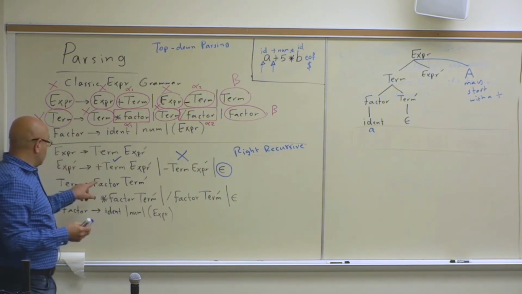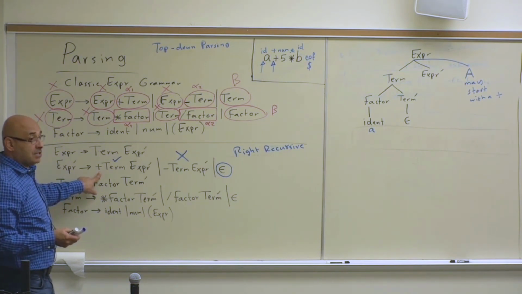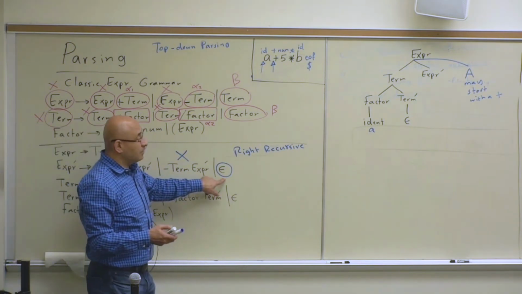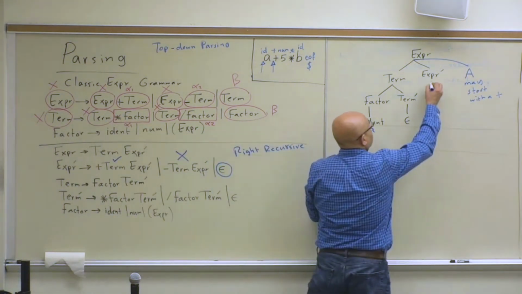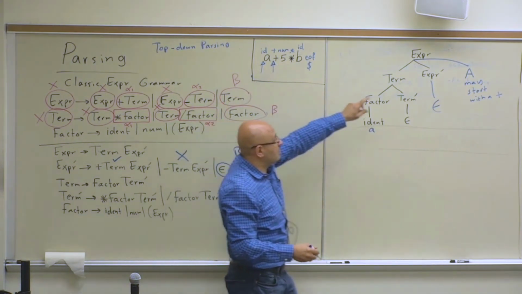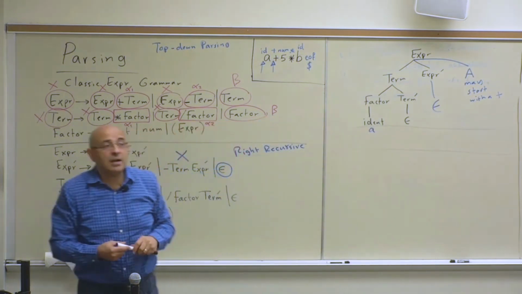The first substitution is this. So I consider the plus to be part of the expression prime. Or I can substitute epsilon for expression prime. And then this plus belongs to this hypothetical A. But here, I don't have this hypothetical A.